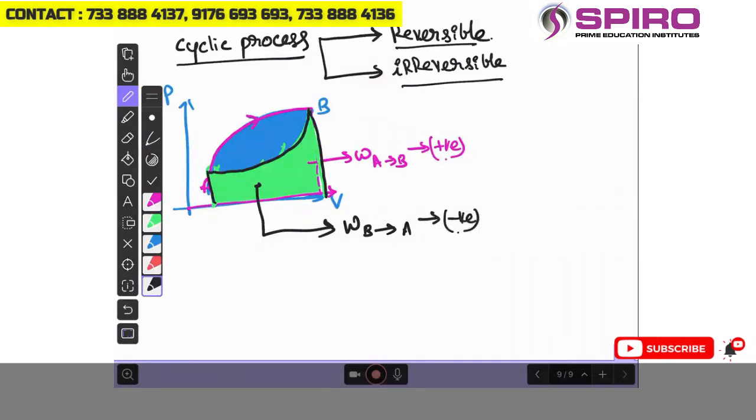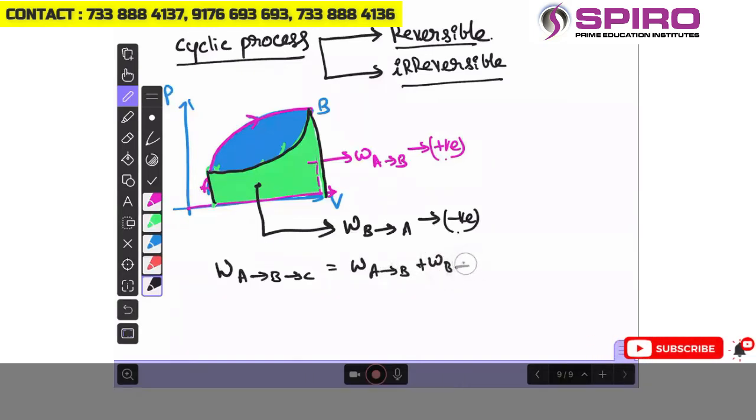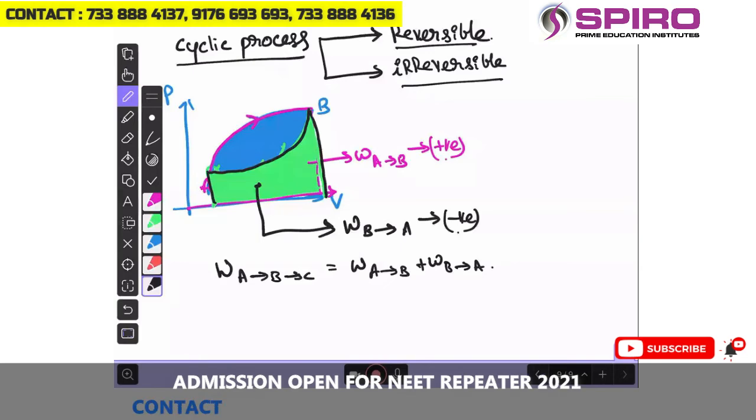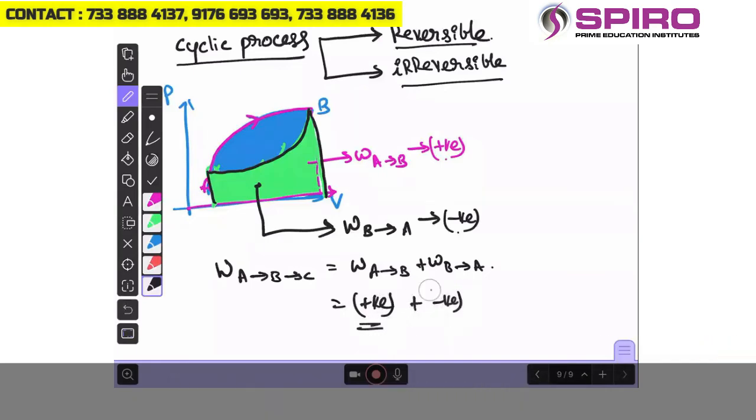So you can clearly understand the total work in the process is equal to work done from A to B plus work done from B to A. The work done from A to B is positive and this area will be greater, and the work done from B to A will be negative, this area will be lesser.